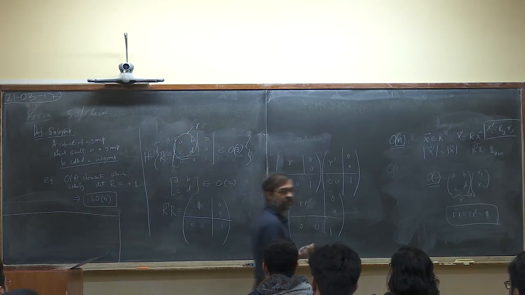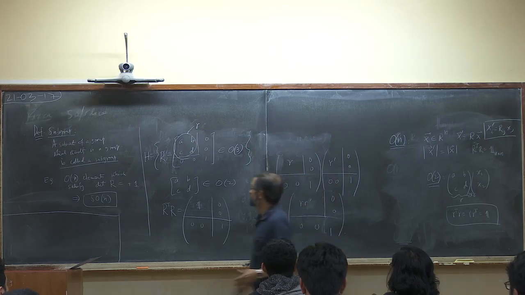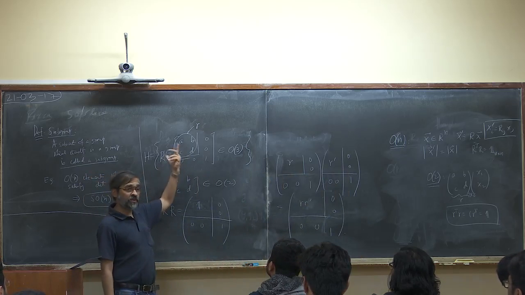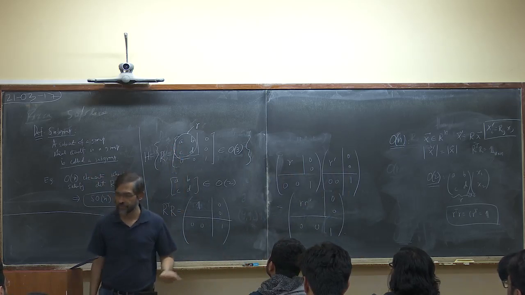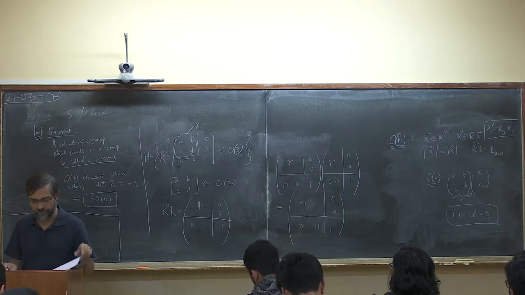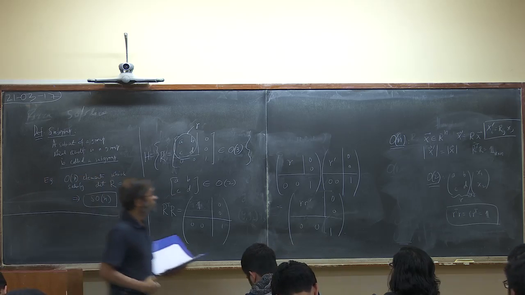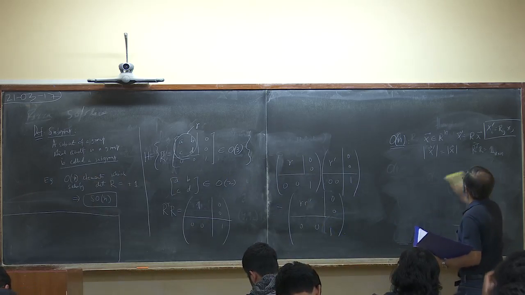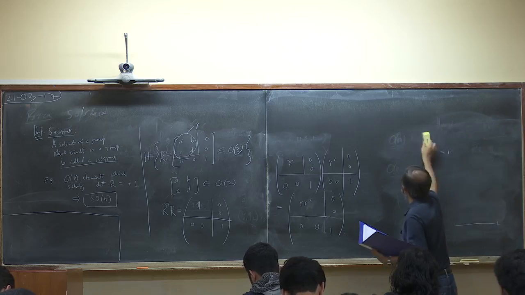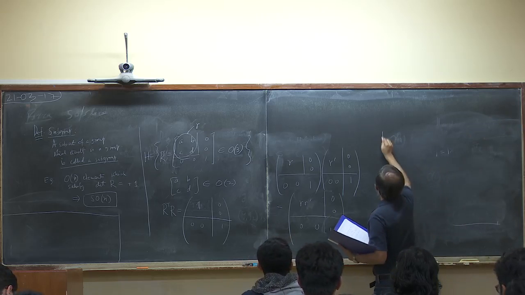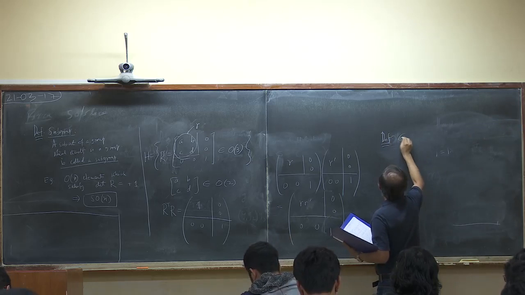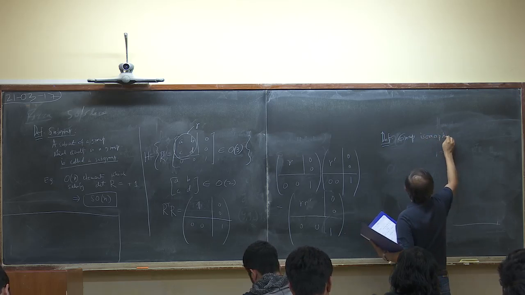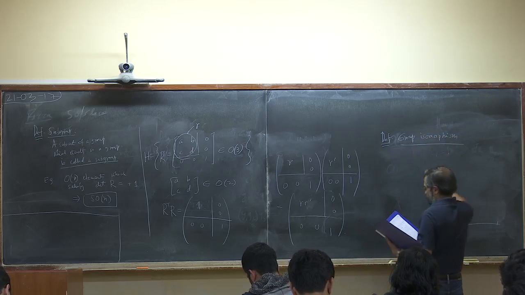So the concept here is something called a group isomorphism. We found that this H is a group, and this group is in one-to-one correspondence over an isomorphism. So let me write down: group isomorphism.